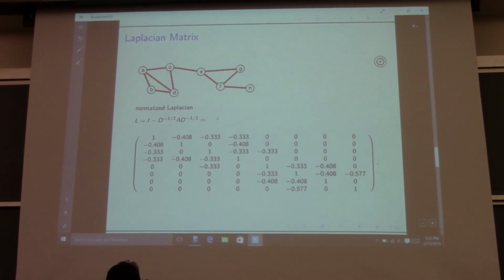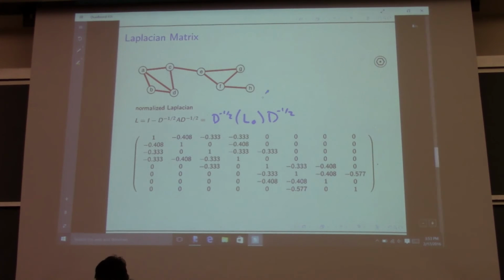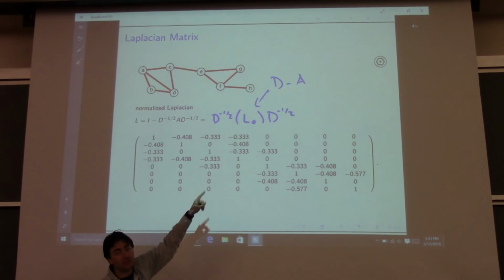This is equivalent to also writing D to the -1/2 times the unnormalized Laplacian times D to the -1/2. You can write it this way, and you can remember the unnormalized one was equal to D minus A. So if you do D to the -1/2 times D times D to the -1/2, that becomes the identity matrix.